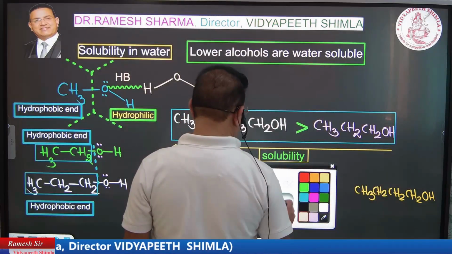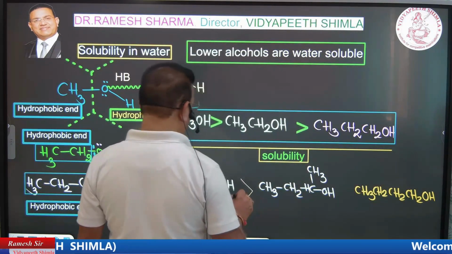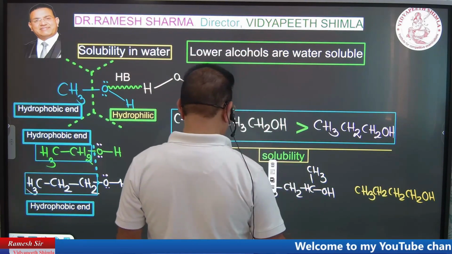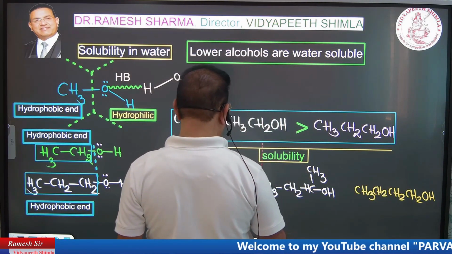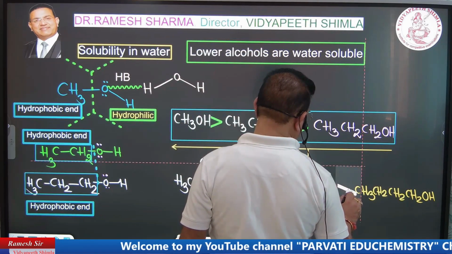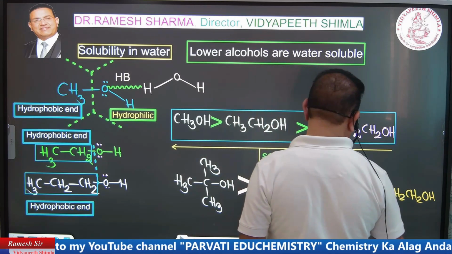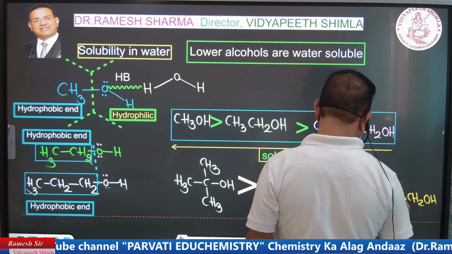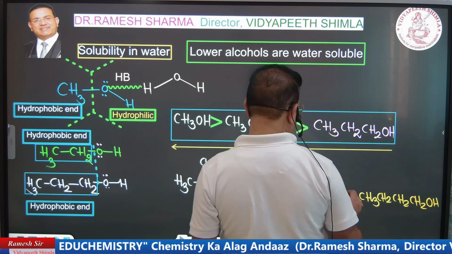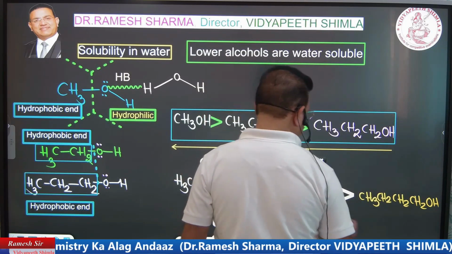And this decreasing order of solubility is because the straight chain hydrocarbon having more hydrophobic nature means is with less solubility.